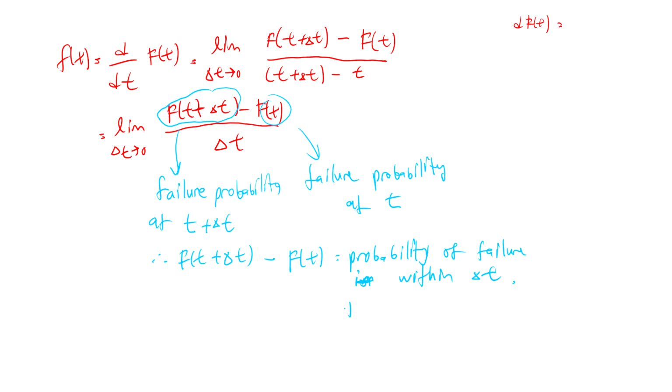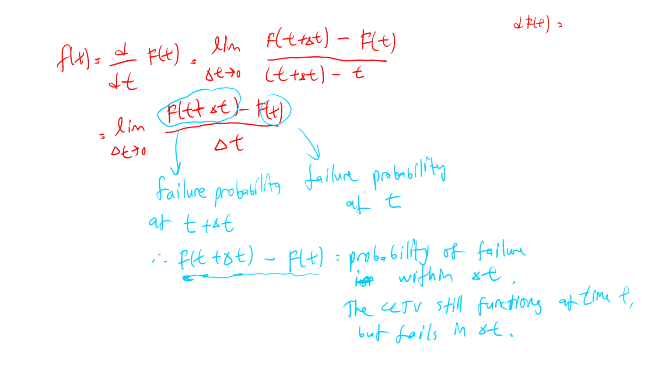The CCTV is still functioning at time t, this is an important point, but after that, in the next delta t, it fails. So that's the meaning of F(t plus delta t) minus F(t).